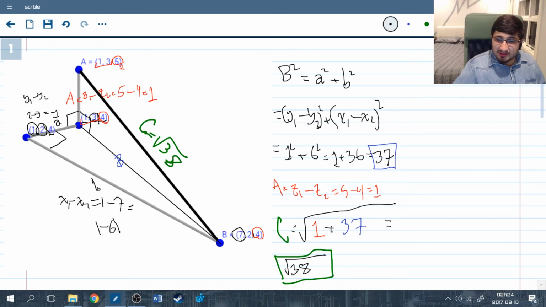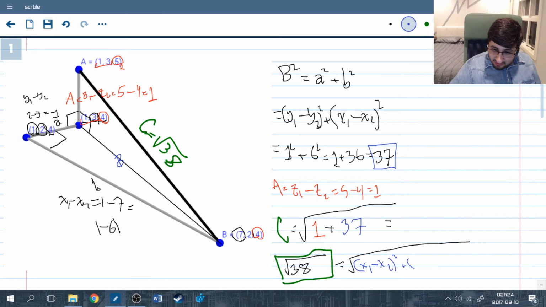And also you'll notice, if you pay attention, this is also the same as the square root of, and if we look at the b we came up with earlier, rather b squared, that was this long thing, x1 minus x2 squared plus y1 minus y2 squared plus z1 minus z2 squared.